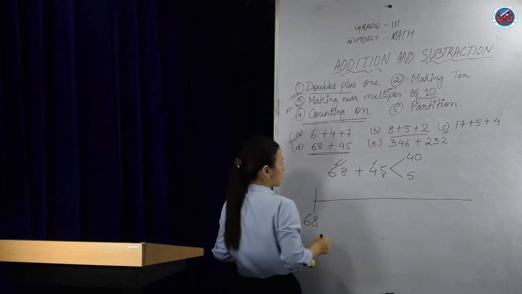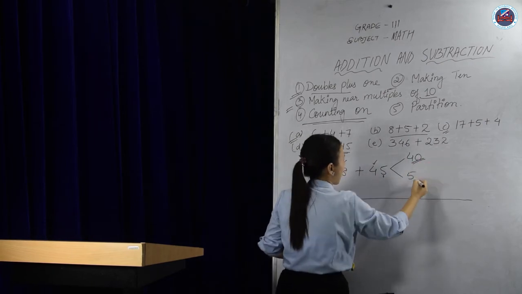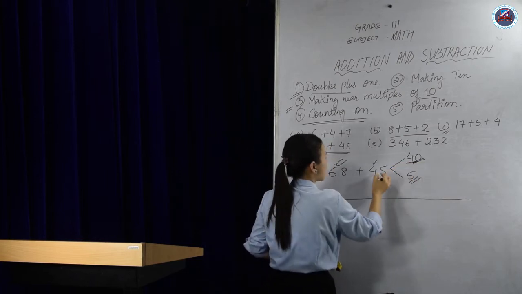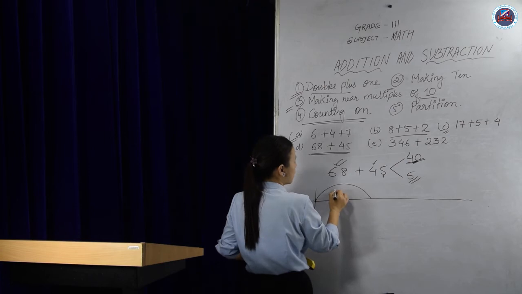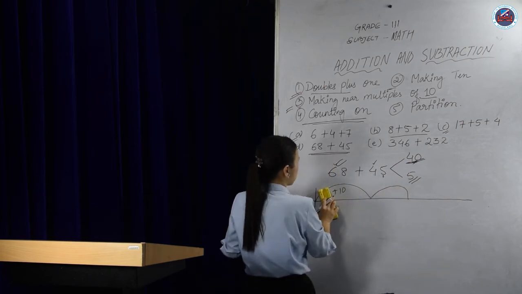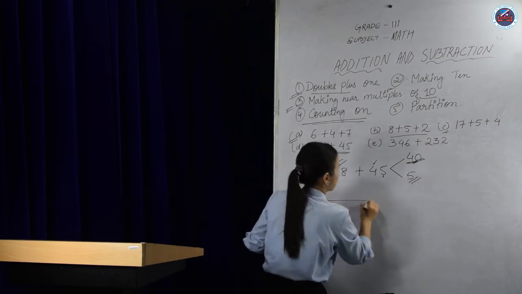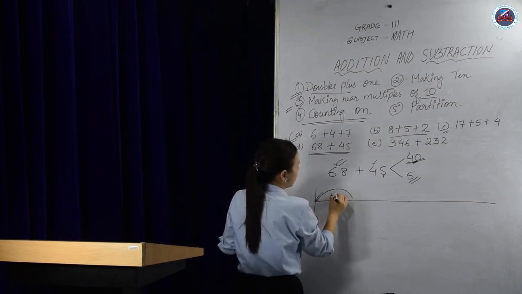So let's start. We are going to count forward for the tens first, and then we will go to the ones. For tens, we have 4 tens, so we're going to count 4 tens. I'm going to make it a little bit small. All right, let's take 4 tens.